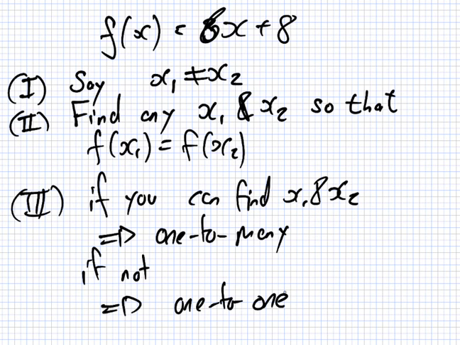So in other words, what you do is you say, okay, I have 2 numbers which are different. Let's see if I can make the function value the same. If I can, then I've definitely shown that it is 1-to-many. If I can't, then it's possible that it's 1-to-1. I can show it. So let's look at this example.